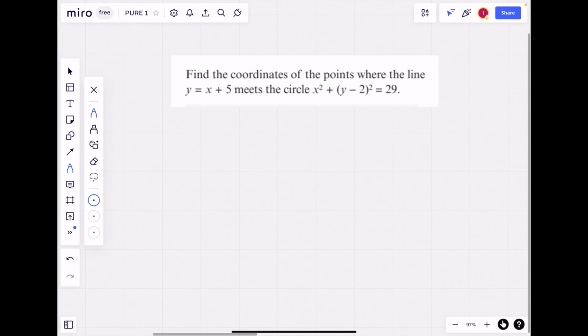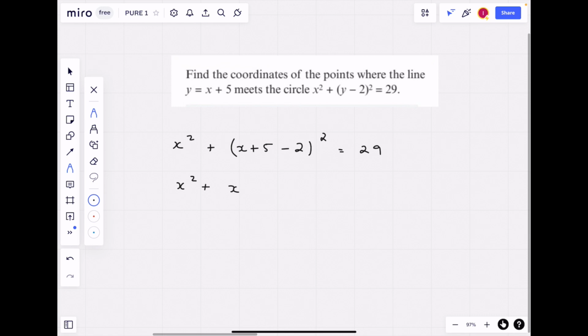You've got your straight line in terms of y, so you can just sub that in. When you sub it in, you get x squared plus (x plus 5 minus 2) all squared equals 29. From here, you're just going to simplify and solve.